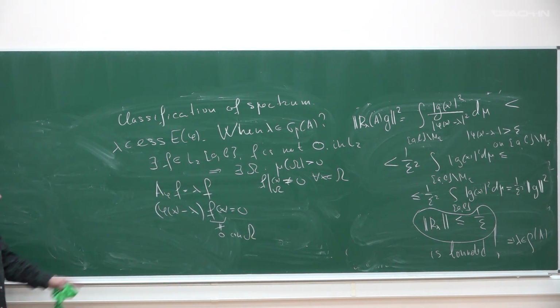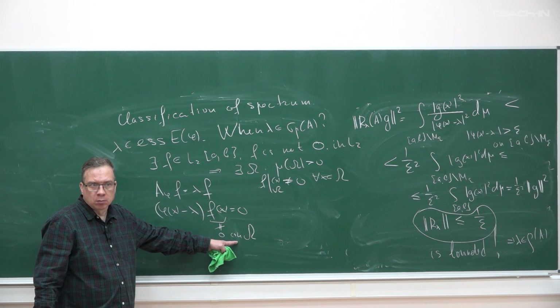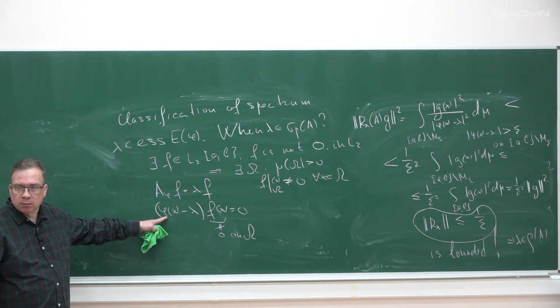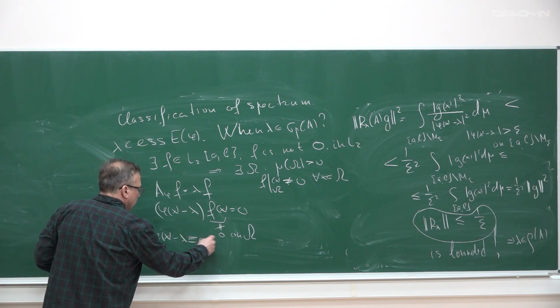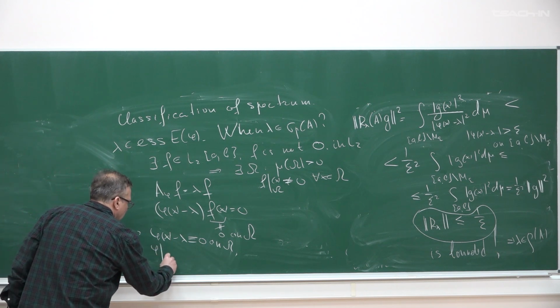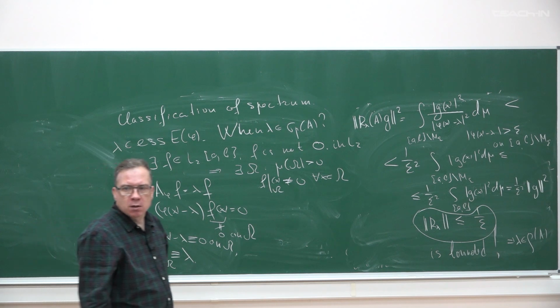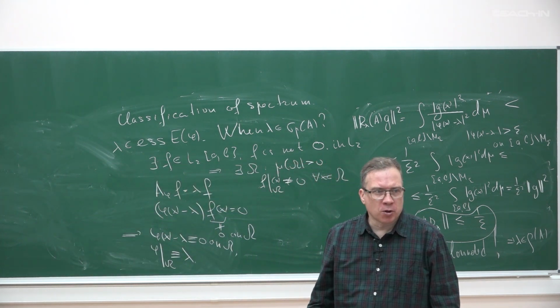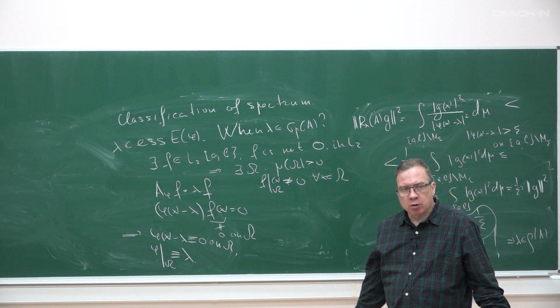So what can we conclude for the first factor? It is not 0 on omega, so this must be 0 on omega. So function phi is constant on a set with positive measure. So it is a necessary and sufficient condition for existence of point spectrum. So the residual spectrum is again empty.